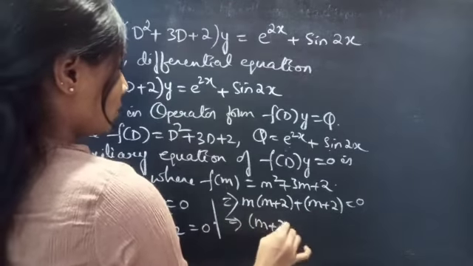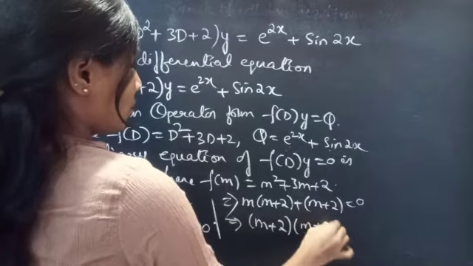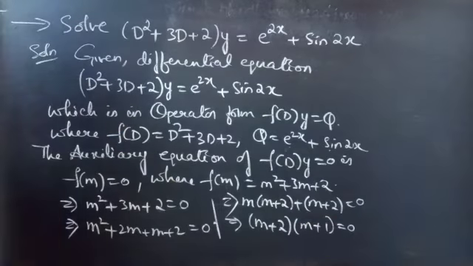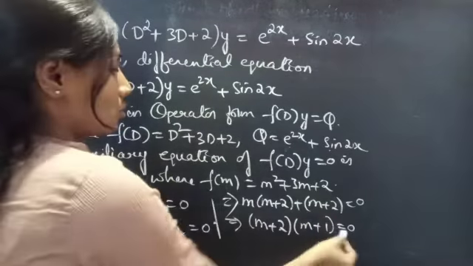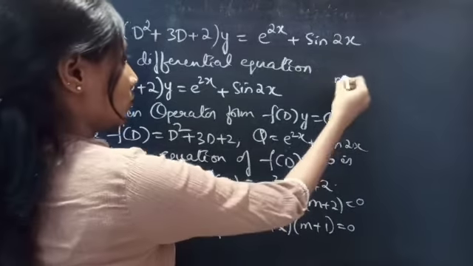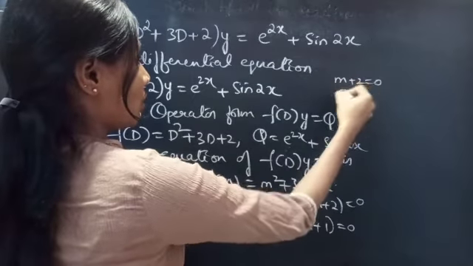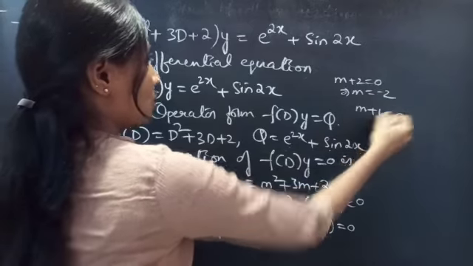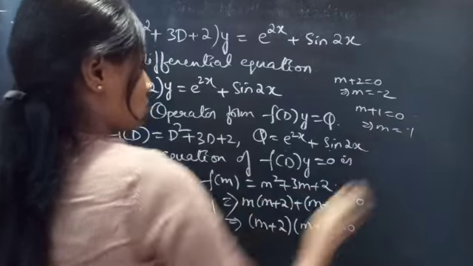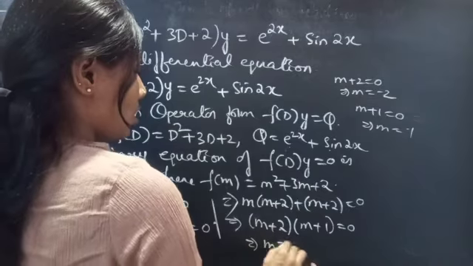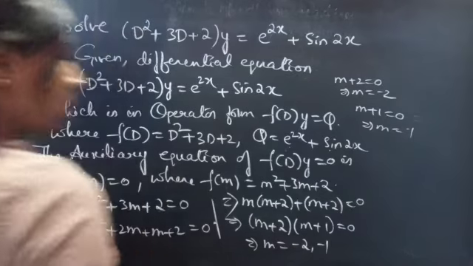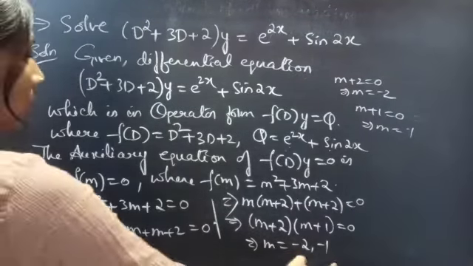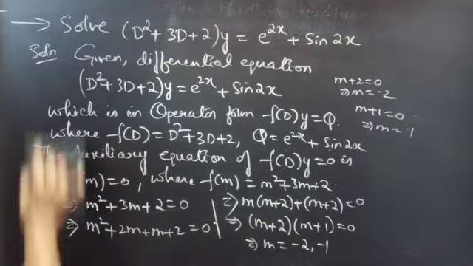Then you get (m plus 2) into (m plus 1) equals 0. If you equate each factor to 0, you'll get the roots. If you equate the first factor to 0, you'll get m equals minus 2. If you equate the second factor to 0, you get m equals minus 1. Then m equals minus 2 and minus 1 are the roots, which are real and distinct.